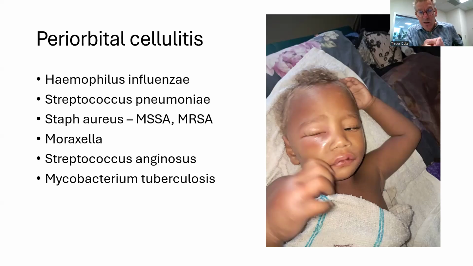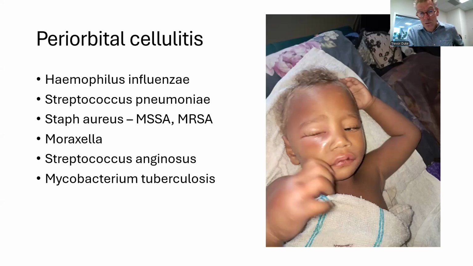And then some periorbital cellulitis relates to scratches or insect bites on the eyelid, and that can lead to a Staph aureus periorbital cellulitis, and that's also quite common. And then there are some other bacteria, including Moraxella catarrhalis, which is just a nasopharyngeal pathogen that also causes some pneumonia, and it can cause some periorbital cellulitis.